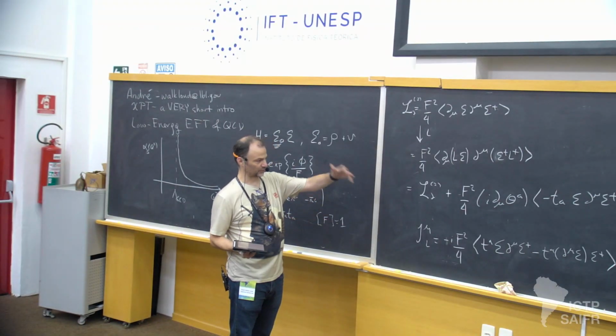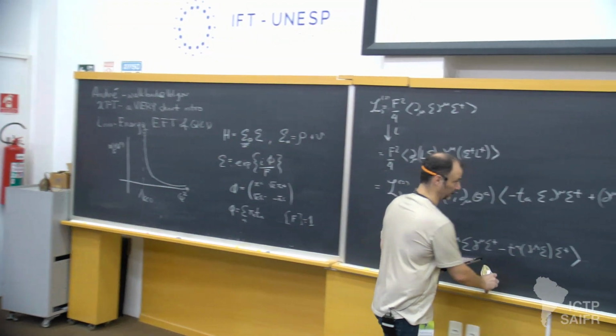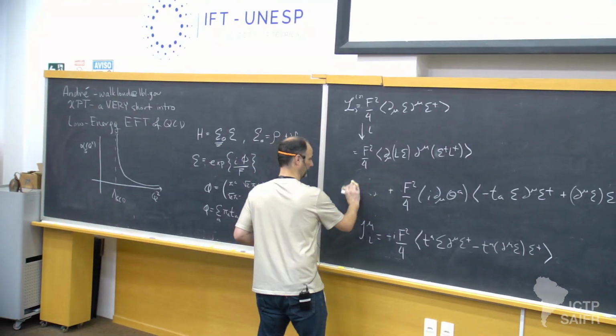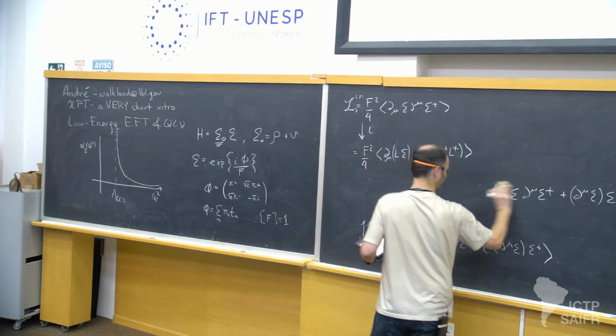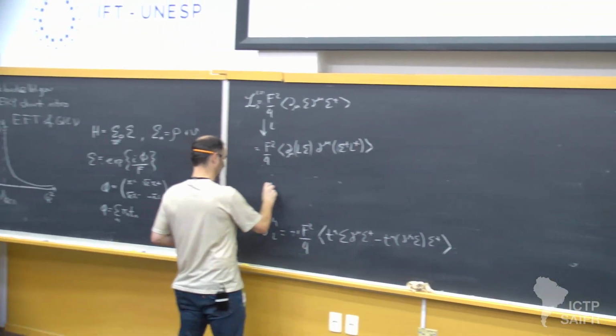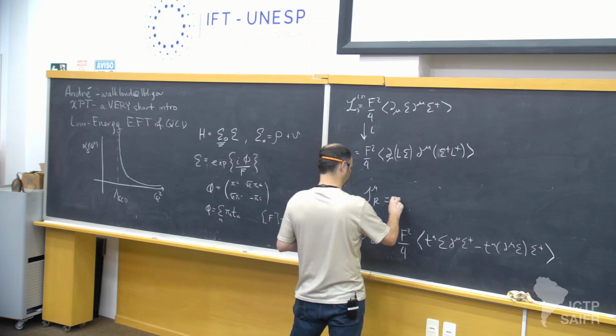Now you can do a similar operation and get the right-handed current. I'll just write the answer for you. So here's our left-handed current. And then you can construct the right-handed current, and you get plus i f squared over 4.